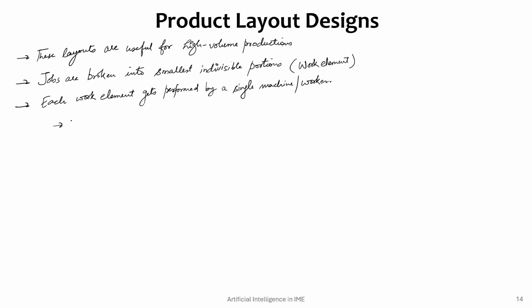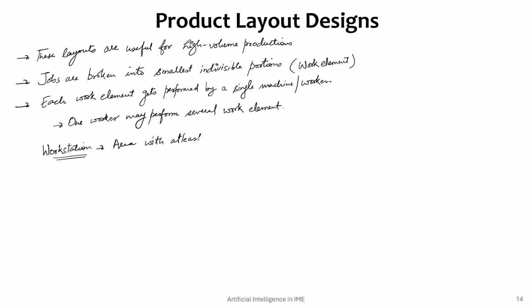But one worker or machine may perform several work elements. Now what is a workstation in this layout? Workstation. This is the area with at least one worker or machine.